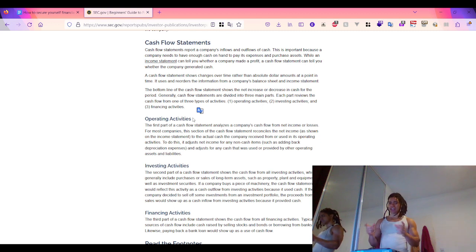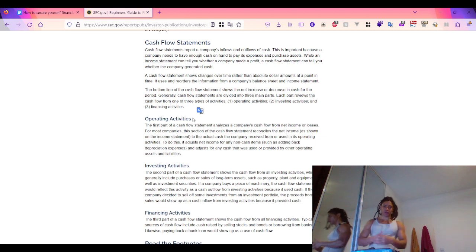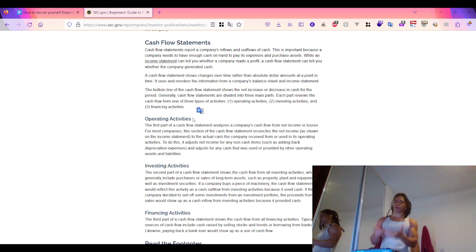SoftBank, a Japanese conglomerate, invests primarily in technology companies like Uber and WeWork, as well as Alphabet, Google's parent company, which invests primarily in technology companies such as Calico, a longevity company.